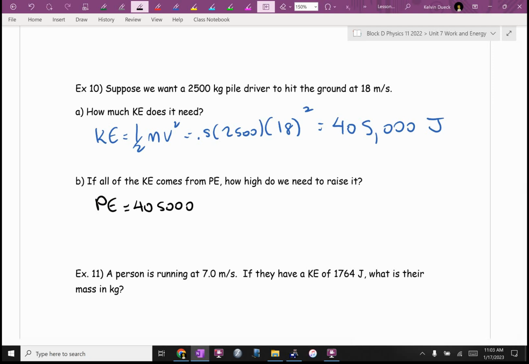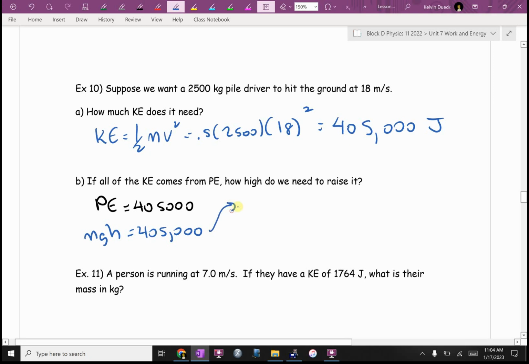But Noor, what's the equation for potential energy? What's this question asking me to find? Divide the equation by. Good. So it's going to be 405,000 divided by 25.